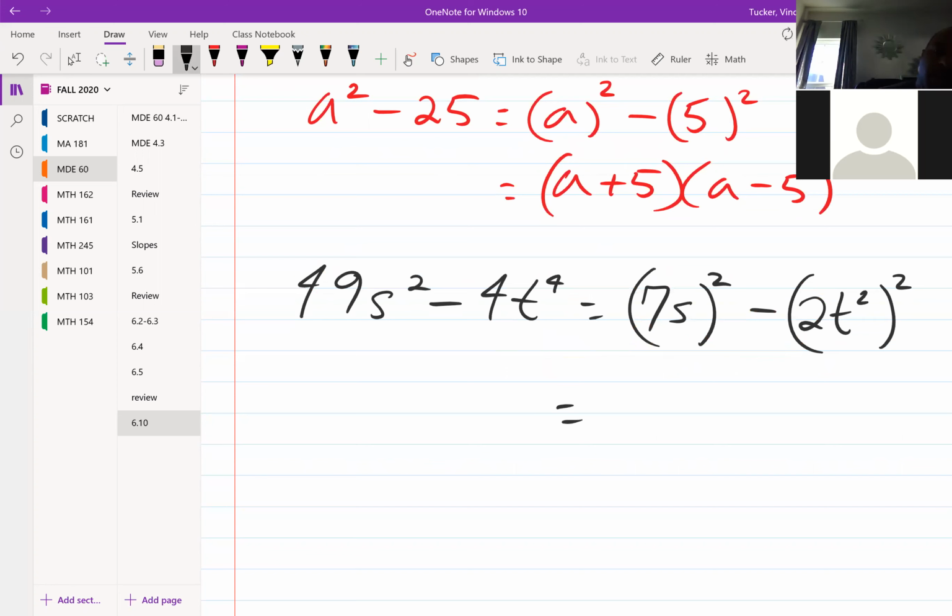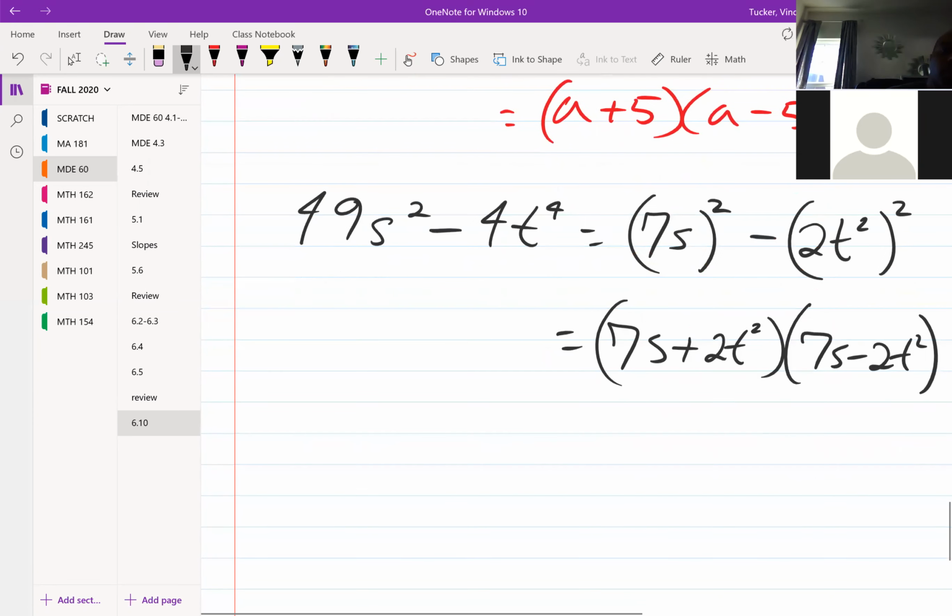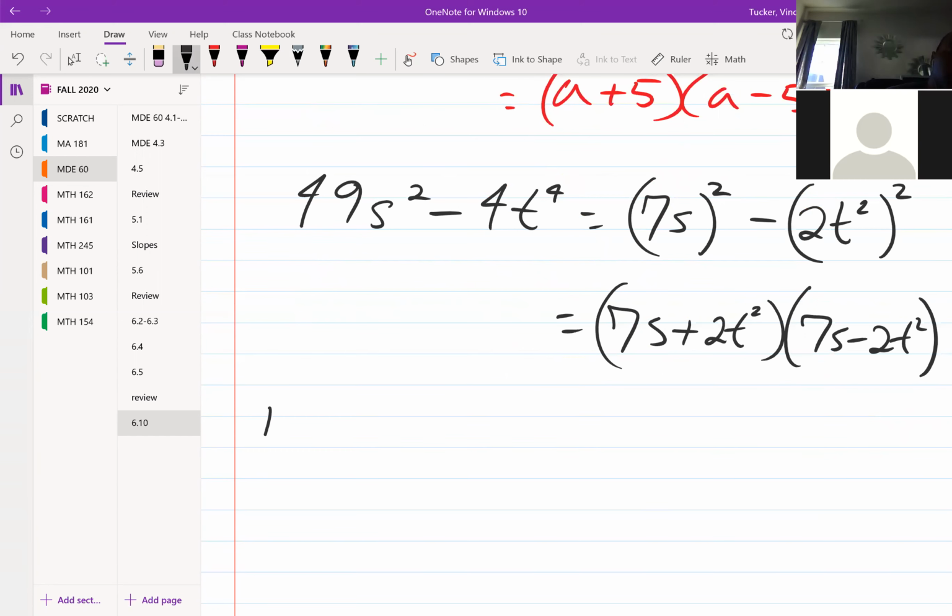Since we have that, that means I can rewrite it as 7s plus 2t squared, 7s minus 2t squared. All right. Questions before we look at the next one?